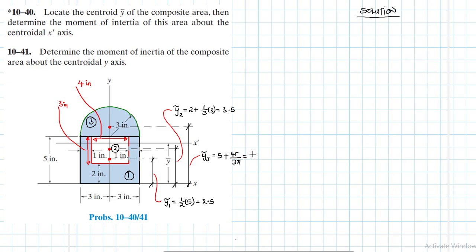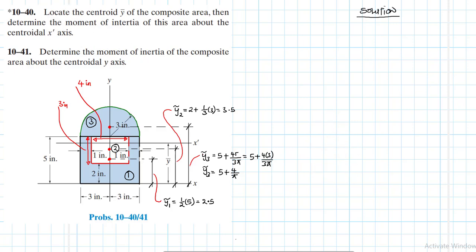This therefore gives us 5 plus 4 times r, which is 3, divided by 3 pi. Therefore, y curled 3 is going to be equal to 5 plus 4 divided by pi. Right? Great. I think we have everything that we need right now. Do we? Yes, we do.